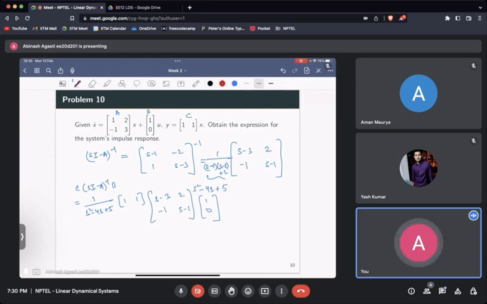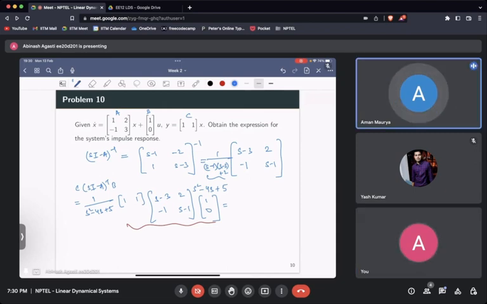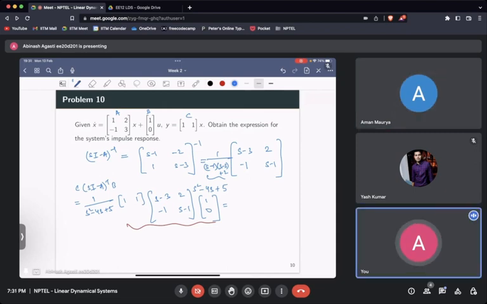Tell me the value of this thing. Hmm? s minus 4. Correct.